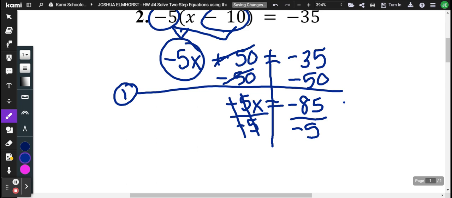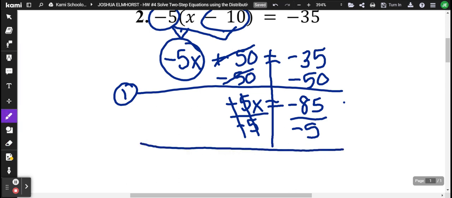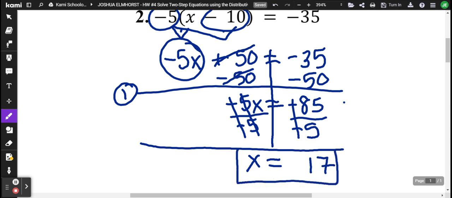So negative 5 divided by negative 5 is going to be 1, and negative divided by negative would be positive, so we are left with x by itself. And negative 85 divided by negative 5 is going to be 17, since a negative divided by a negative is positive. And that was step 2.